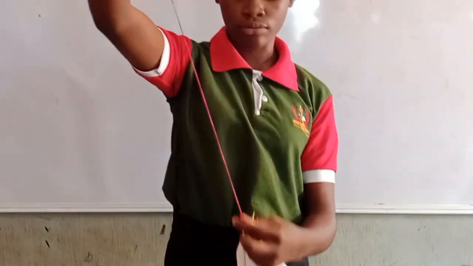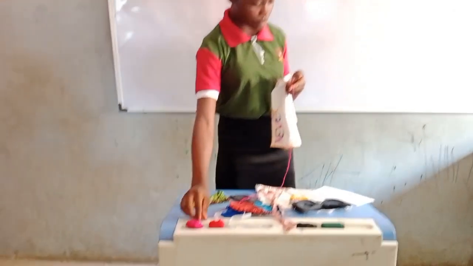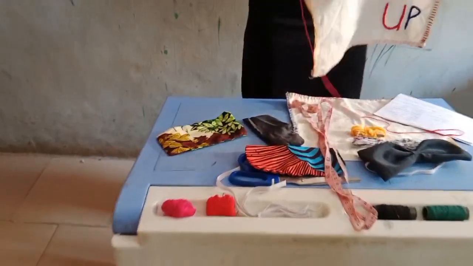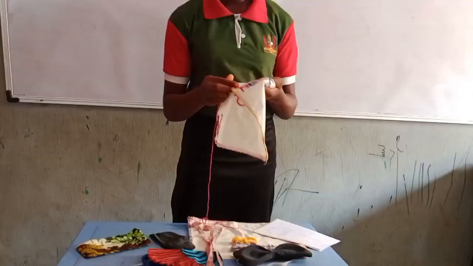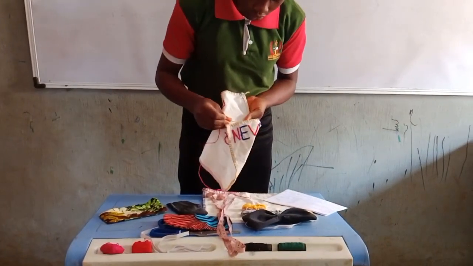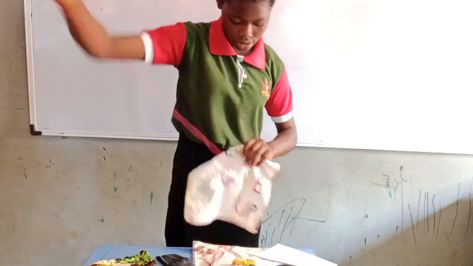This is the embroidery thread. The embroidery thread is different from the ordinary kind of thread. To start your stitches, you have to start from the back like this, and bring the needle out.